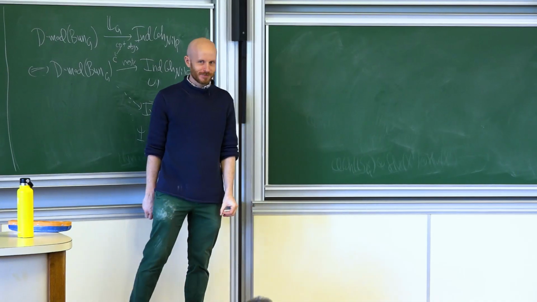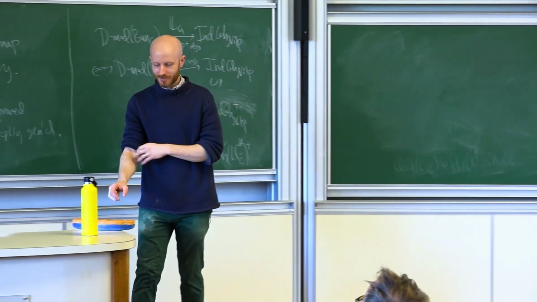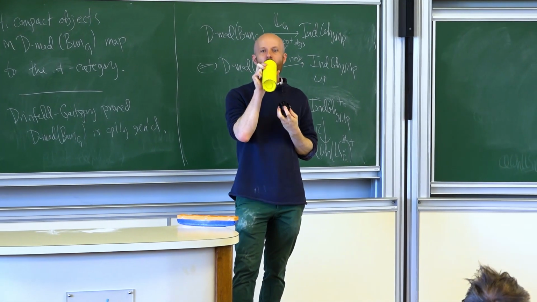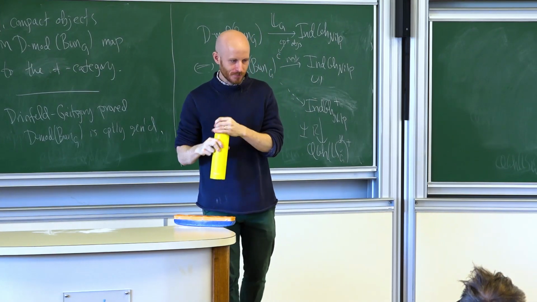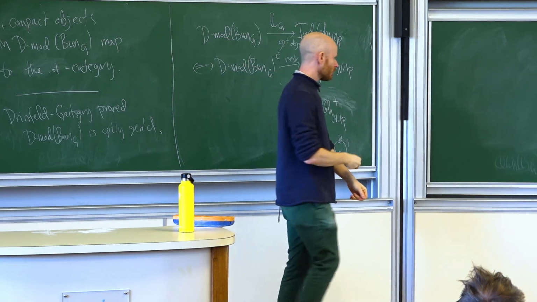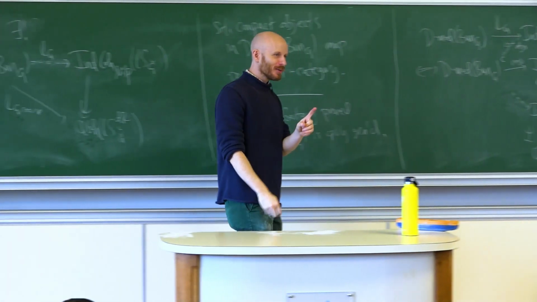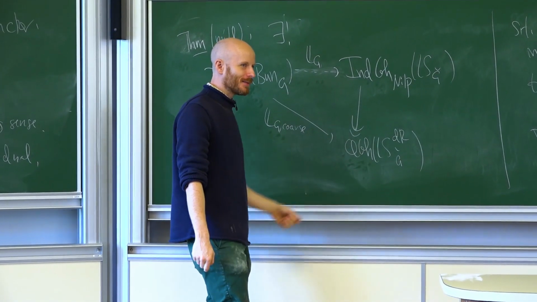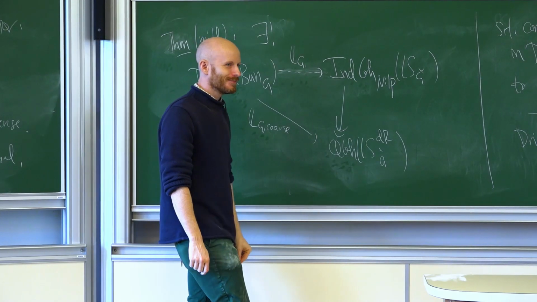Other questions? I can comment that in fact the argument that shows that this maps into D plus actually also shows it maps into the bounded derived category, so you don't really need to worry.